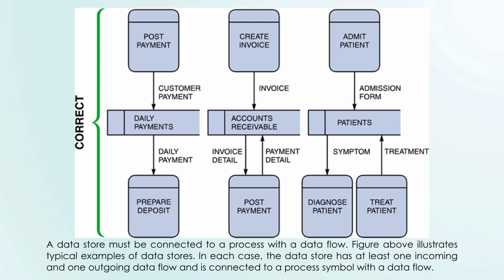When we read daily payments, accounts receivable, and also patients, we understand that the data kept in daily payments is all of the payments on a daily basis. When we read the patients data store, we know already that the data stored in the data store is all of the data about the patients.